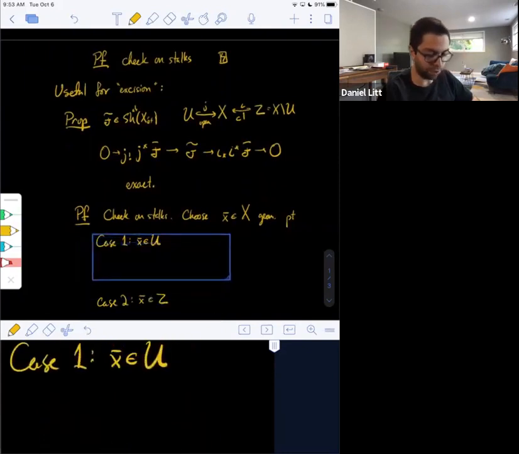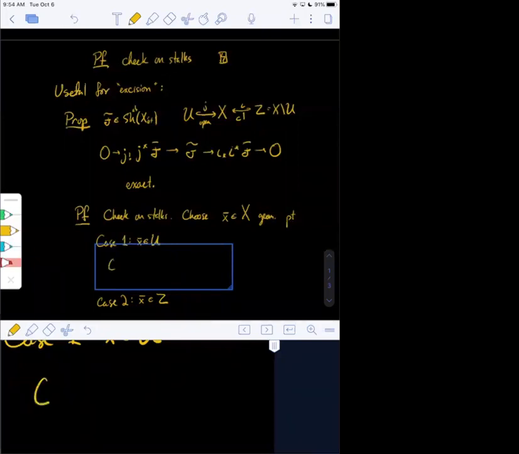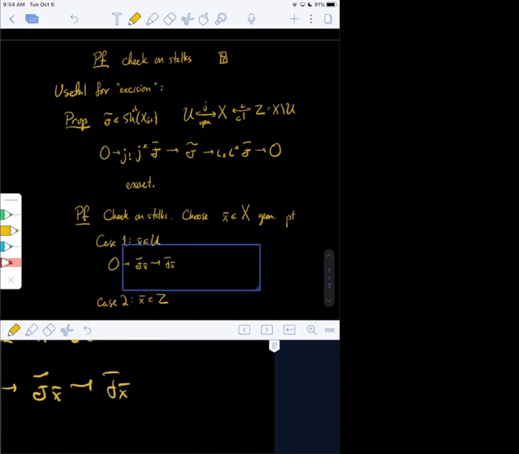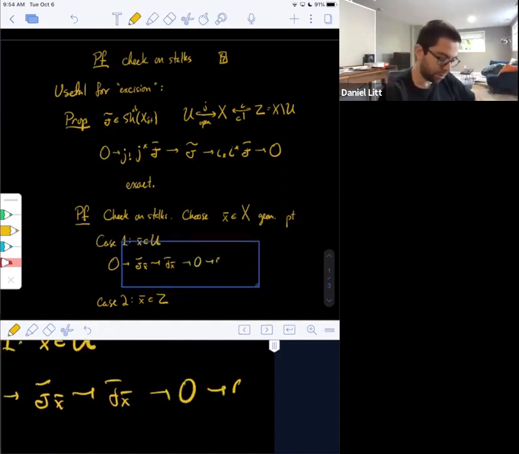So what happens if x bar is in U? Can anyone tell me what this sequence becomes when we go to stalks? It's just identity and then 0. Yeah, so we just get the identity on F at x bar. And this i lower star i upper star F is just supported on Z. If you pull it back to U, you get 0 just by definition. So we get this sequence, that's certainly exact.